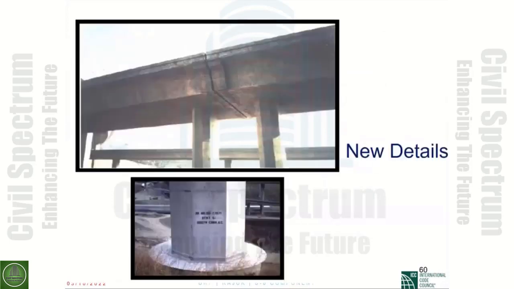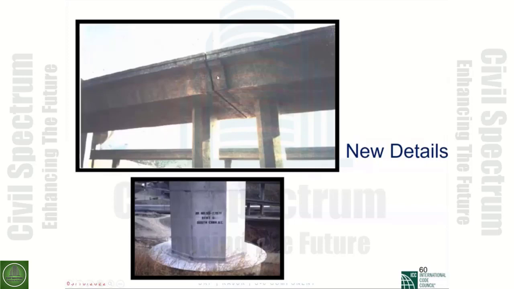As I told you before, details are important. As you see here, this is an expansion joint. Instead of having one side of the superstructure sit on the other side, we have actually provided two columns.